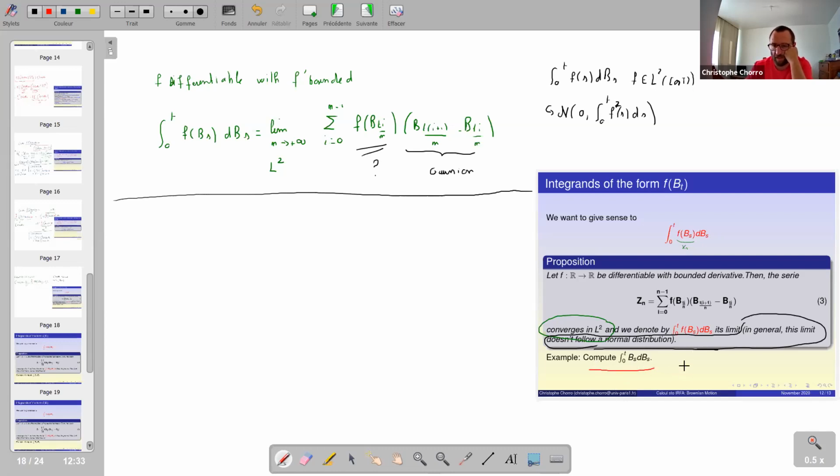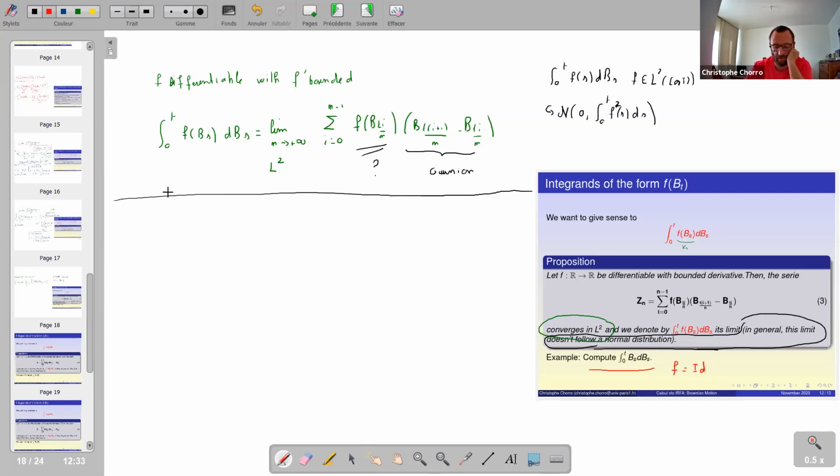I want to do the job for f equal to the identity. Of course, the identity is of class C1, in fact of class infinity, and the derivative is equal to 1. So I have something with a bounded derivative, and I have the right to apply this proposition.